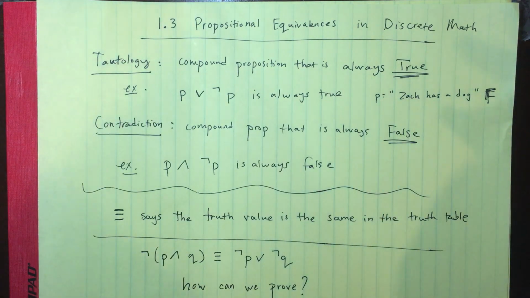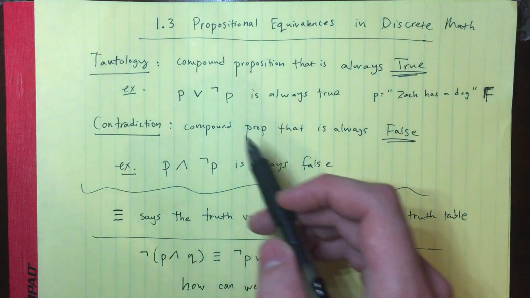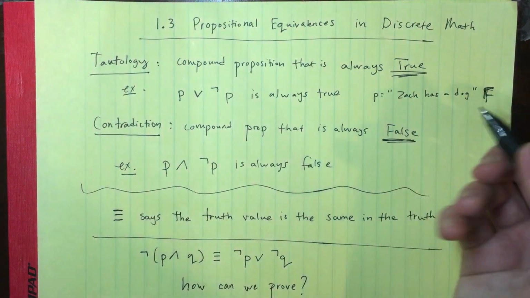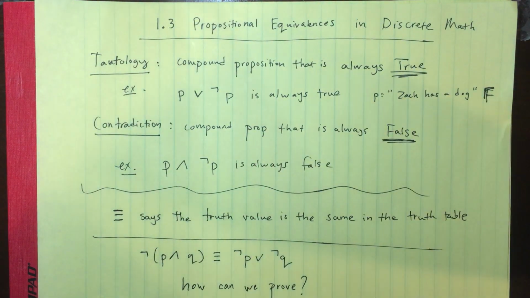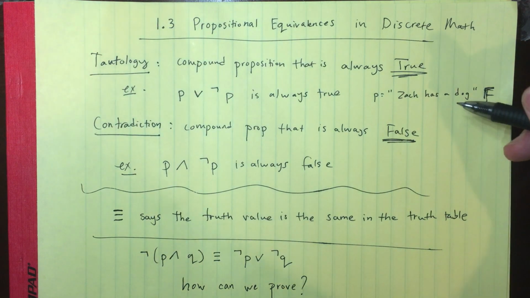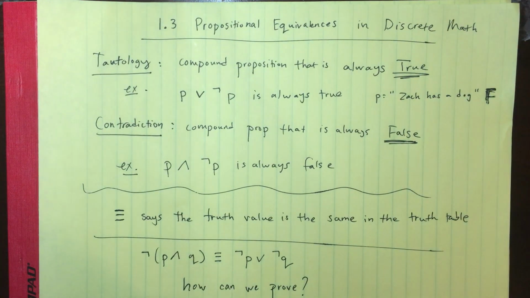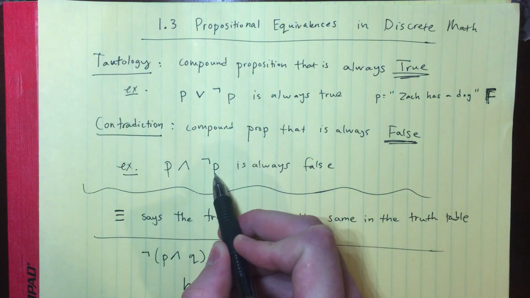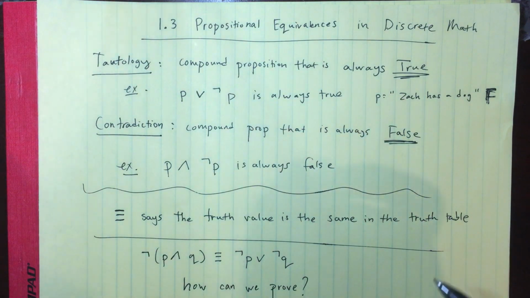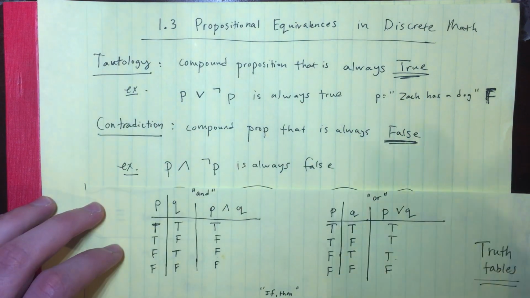Now, the second is the opposite of it. It's a compound proposition that is always false. Remember, a proposition is a statement that is always true or false. Say Zach has a dog, and say that is false. So you plug it in, it's going to be false and true. If you look at false and true, there's always going to be a false.